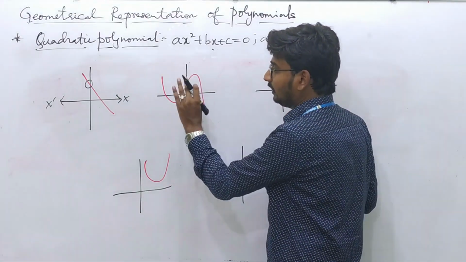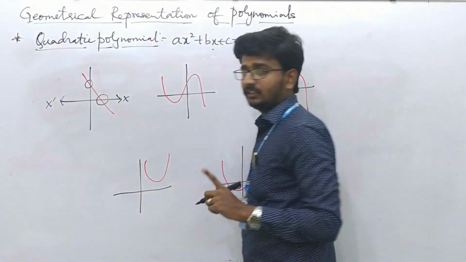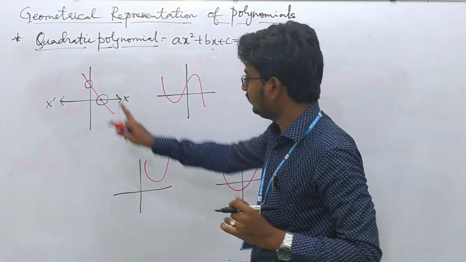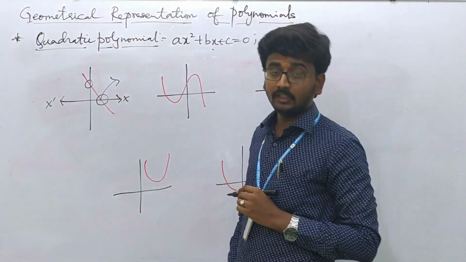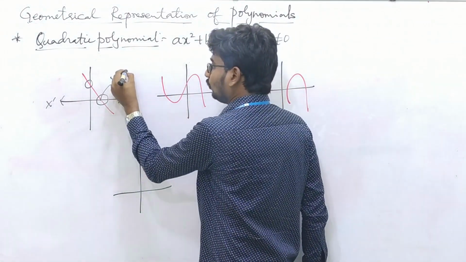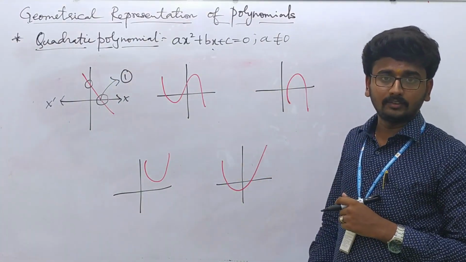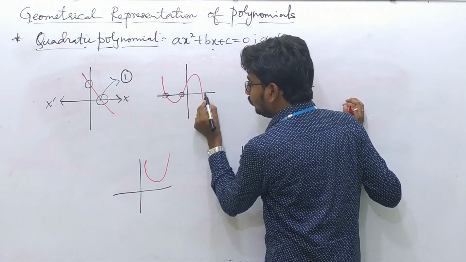Now see here, if you look carefully, this linear graph is intersecting along the x axis at one point. We don't know what this value actually is, but it is intersecting along the axis at one point. So I can say the number of zeros for this particular polynomial is 1. Now come to the second figure. Here where is it intersecting? 1, 2, 3.